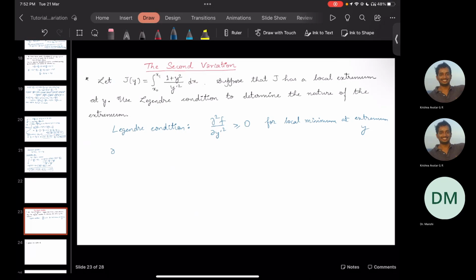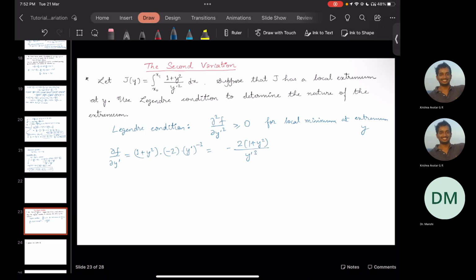Okay, so let's first find ∂f/∂y'. This is given as (1 + y²) first, and then minus 2 into y' to the power minus 3, isn't it? So this gives us minus 2 into (1 + y²) divided by y'³.